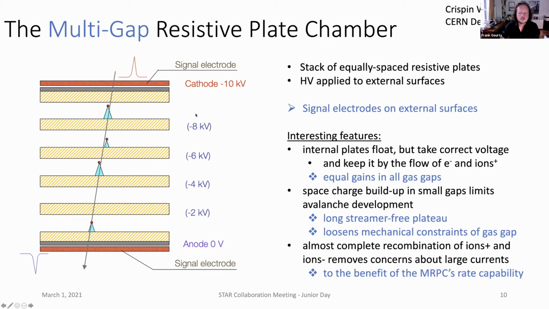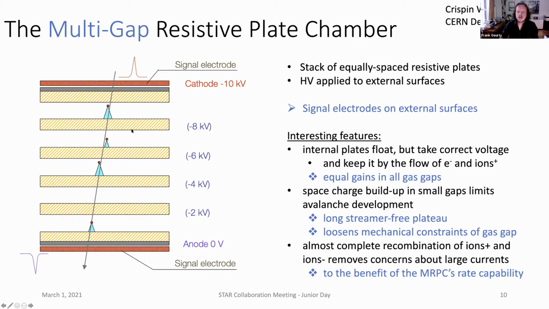They are not connected to anything, but they will take the correct voltages and keep those correct voltages, as these are resistive plate chambers, and there is a flow of electrons and ions establishing over time. So at some point there is this equilibrium where these plates, while floating at first, will take on these voltages.